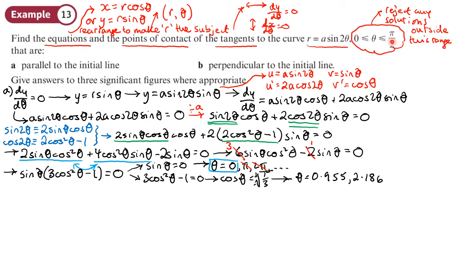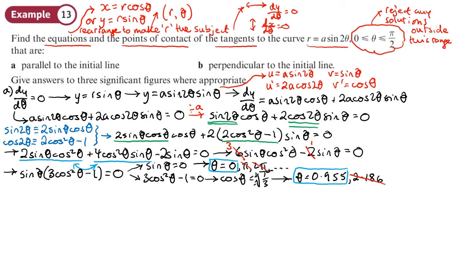Again, we go back to the range of values. This is bigger than pi over 2, so we reject that, so that just gives us this value for theta. So now we have our values of theta.